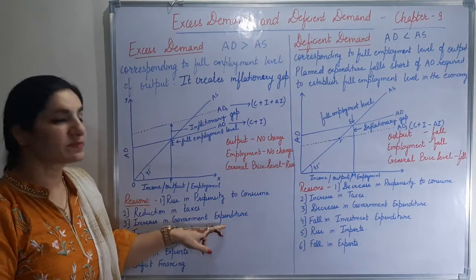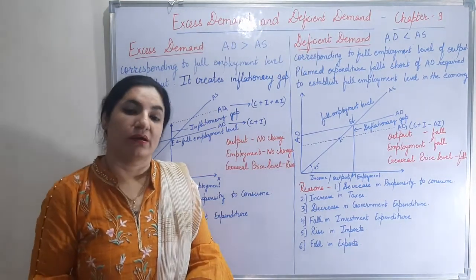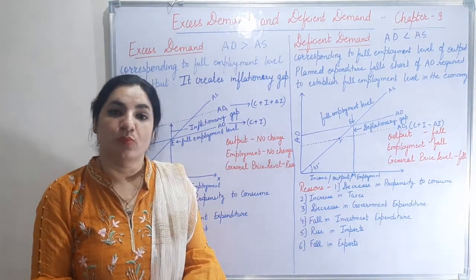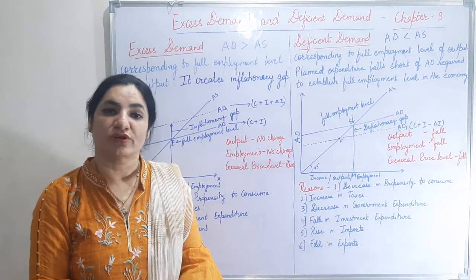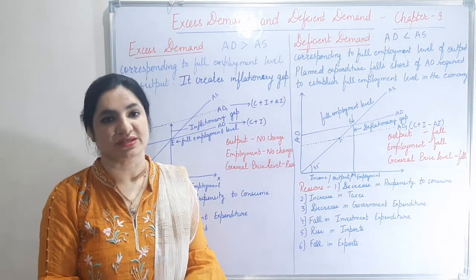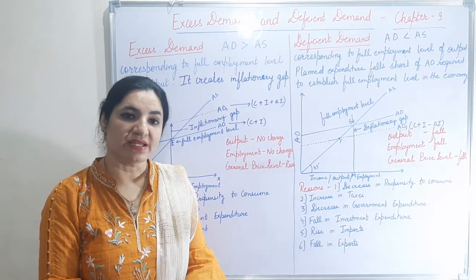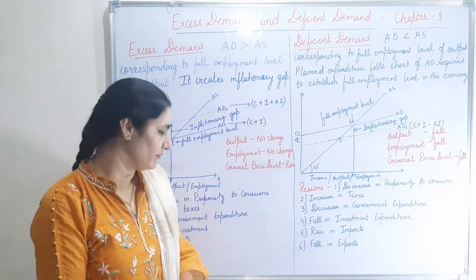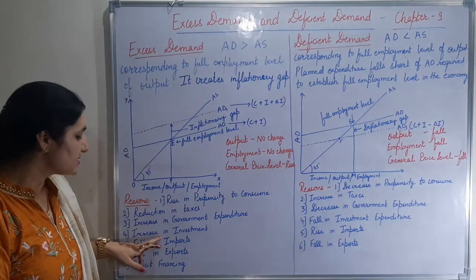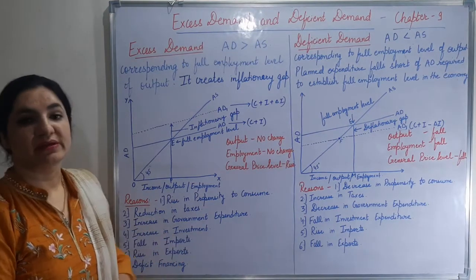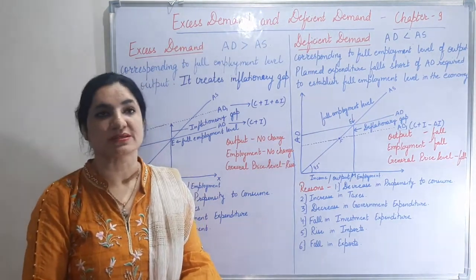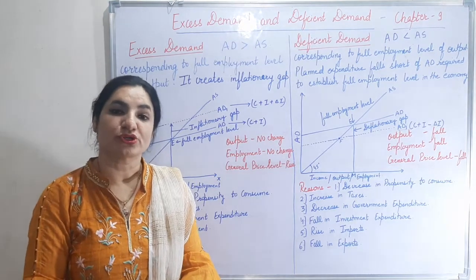Increasing government expenditure: government may plan to invest more or spend more for the welfare of people. Because of this, there will be more money supply in the economy, and because of this high money supply, the income will increase. Next is increase in investment. This is directly proportional to MPC.